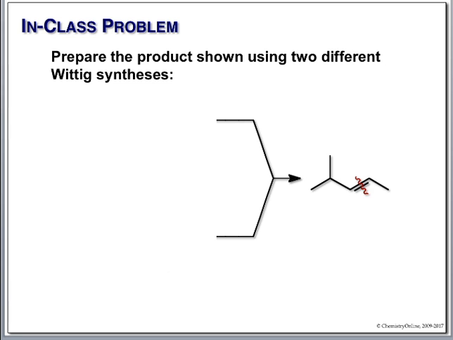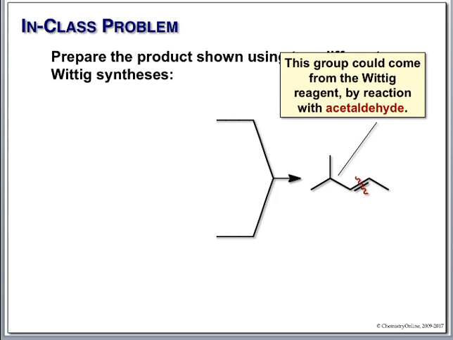Let's split it. This half, if this was our carbonyl carbon, we would have a 2-carbon aldehyde, and that would be acetaldehyde. This half, all of this, would be our Wittig reagent.